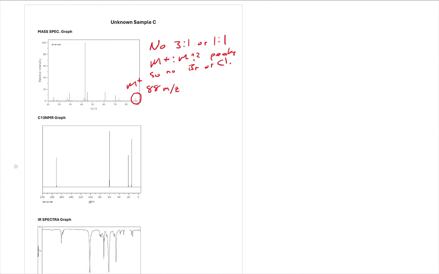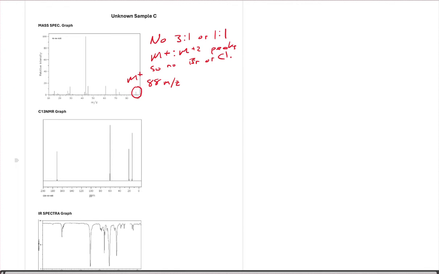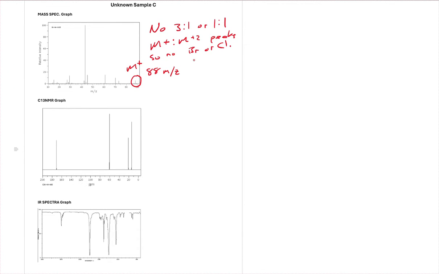Let's look down now at the carbon-13 NMR graph. We can see that there are 4 peaks, so there are 4 unique carbon environments.